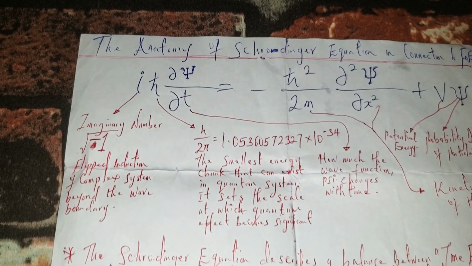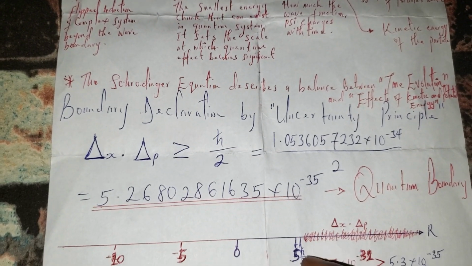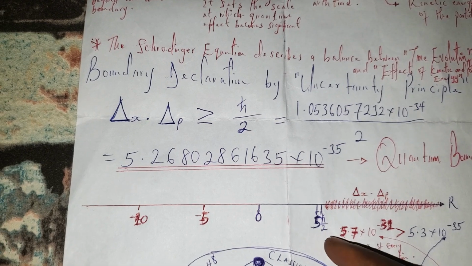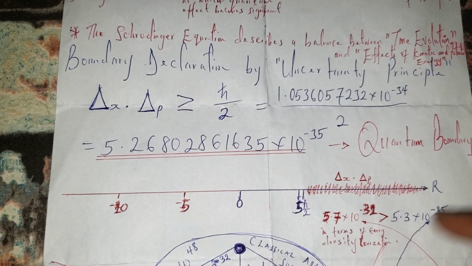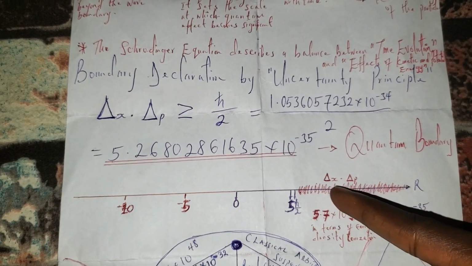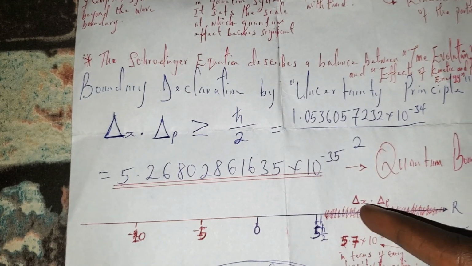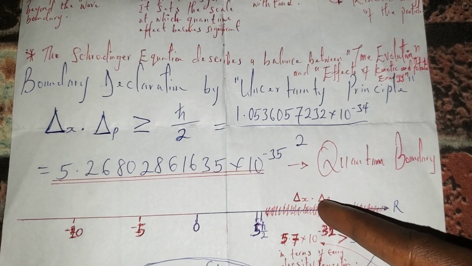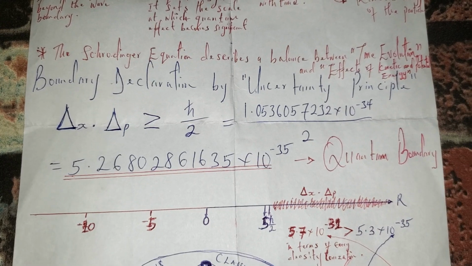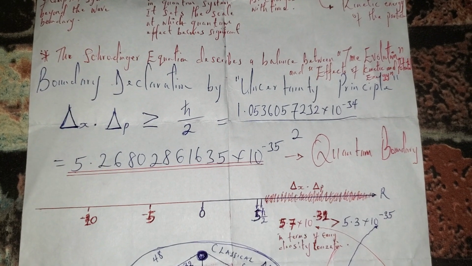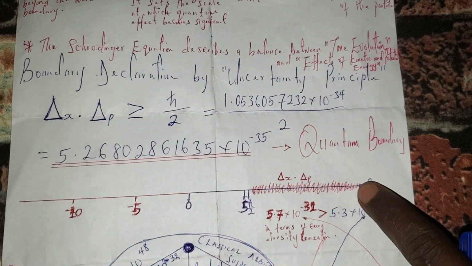So we can see the limit right here where we have h bar divided by 2. That is the uncertainty principle limit. And so the variation in position multiplied by variation in momentum should be from here up to this place.